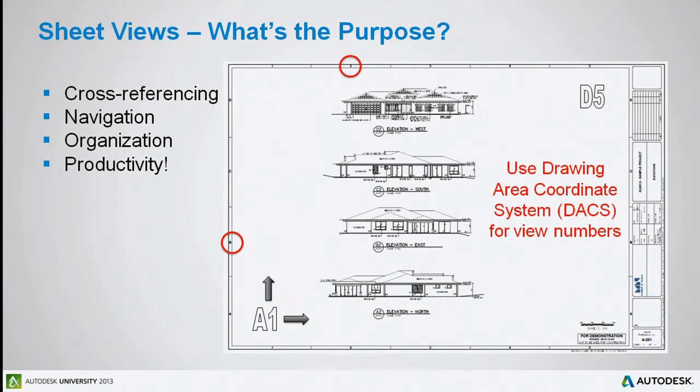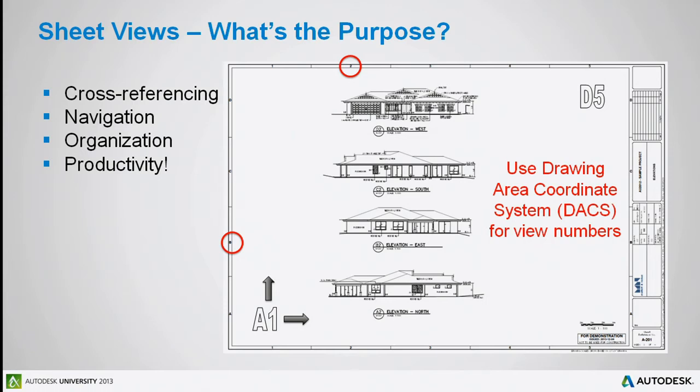The question is, are you using the drawing area coordinate system to number your views, or are you just using numbers for them? Okay, so that's a situation where the drawing area coordinate system maybe isn't used, although you could potentially have numbers on the columns and in the rows, right? Anyway, the point being, was there a question?